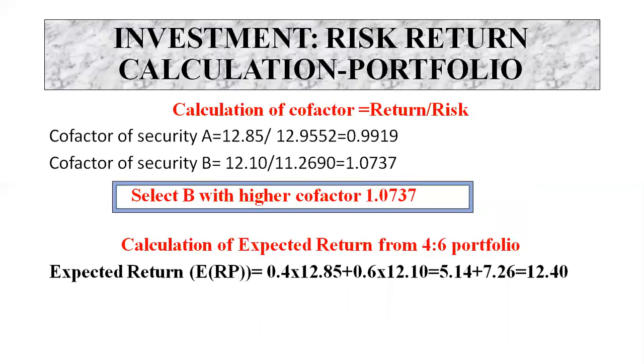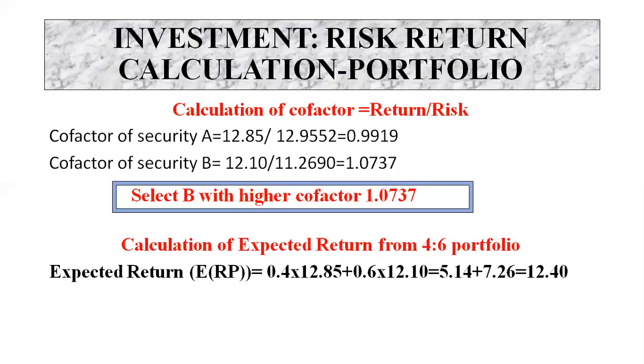So 1.0737 is definitely greater than 0.9919. So if I decide to invest in only one share, then we will go for share B, where return is low as well as risk is low, and ultimately the cofactor of security B is higher than security A. So this is our decision if I decide to invest in only one security without developing a portfolio.